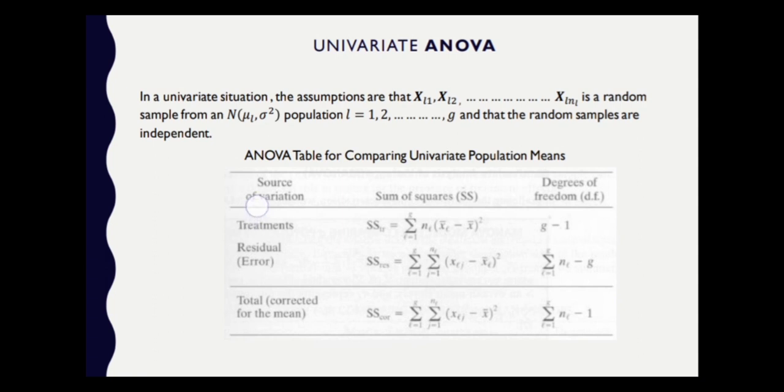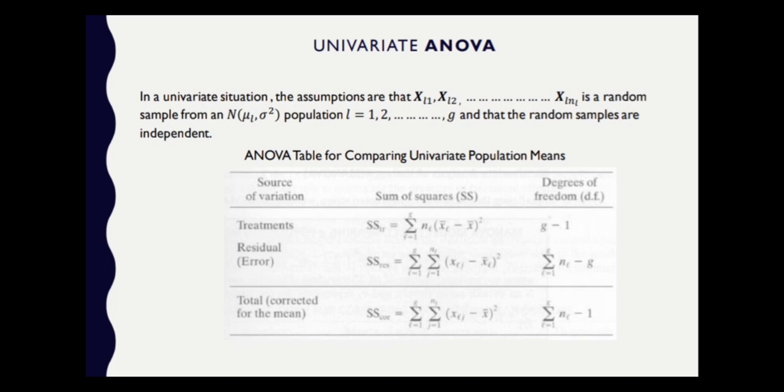Okay, so we proceed with a little flashback or revision about the univariate ANOVA. Okay, so we talk about the univariate ANOVA. So because of that, all the X here is not in bold notation, because for univariate, we only have one variable.